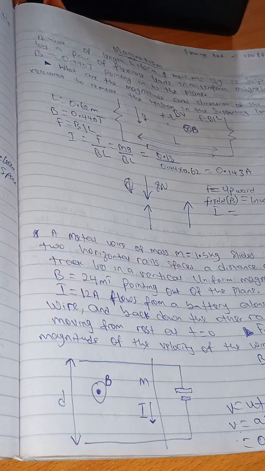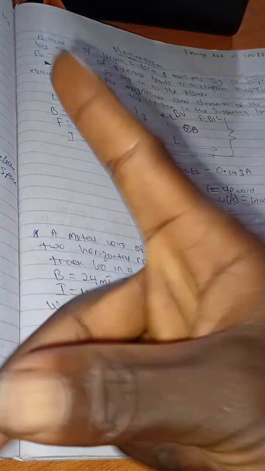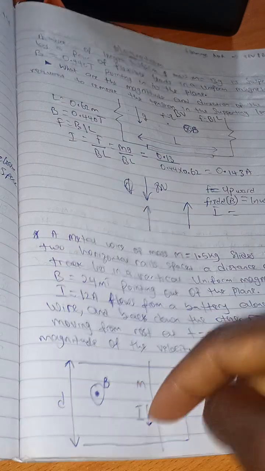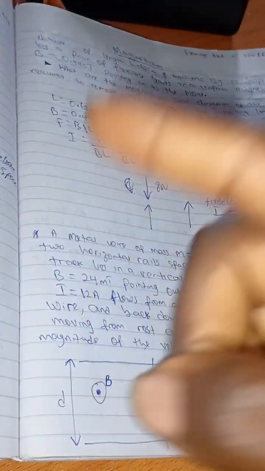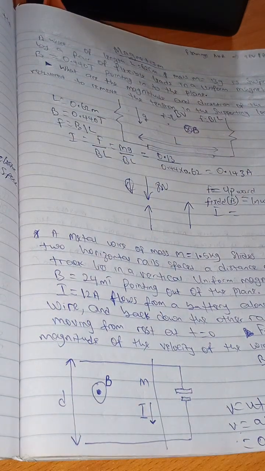That's not what it's saying. It's saying whenever you are dealing with qvB, your forefinger stands for velocity. Whenever you are doing BIL, your forefinger stands for current. It's not saying current and velocity have the same direction for a particular question. No. It's just saying use your forefinger for velocity and use that same forefinger for current whenever you are dealing with that different kind of case. So you can't say because this current is downward, then your velocity is downward.